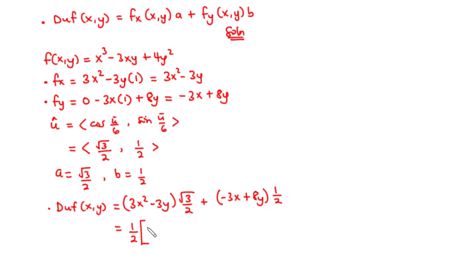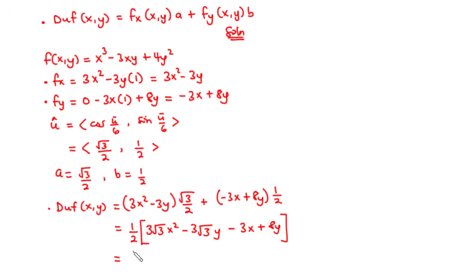So we are going to have 3 root 3 times x squared, minus 3 root 3 times y, and then here we have negative affecting this term, so this becomes minus, we multiply 1 across, so 3x plus 8y.